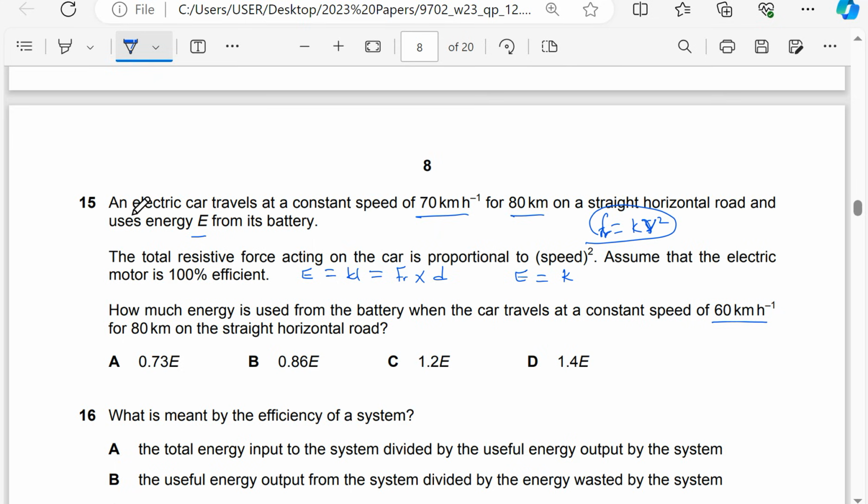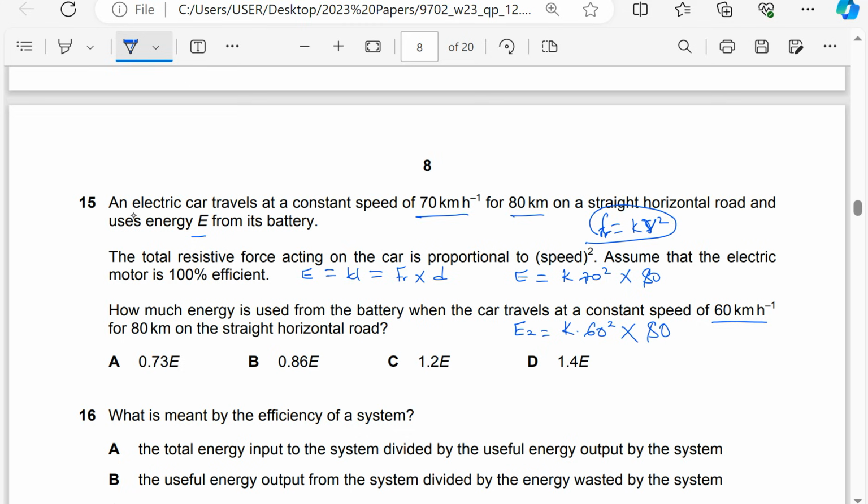So frictional force is K times V squared. For the first one, E is going to be K times 70 squared times the distance, which was 80 kilometers. For the second one, the energy, which I've called E2, is going to be K times 60 squared times the distance, which is 80 kilometers.